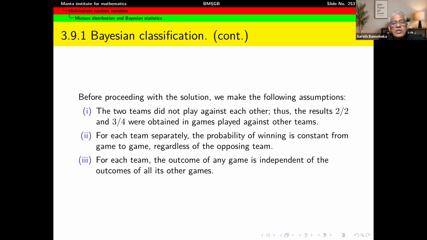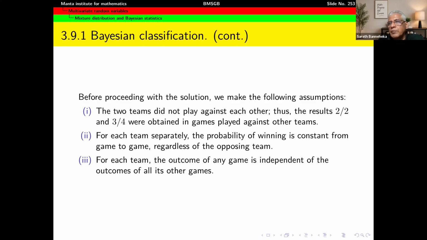And secondly, for each team separately, the probability of winning is a constant from game to game, regardless of the opposing team. So that's a very strict assumption. We are going to assume that for, say, team A, the probability of any game that they are going to play has the same chance of winning. We know practically it is not like that.